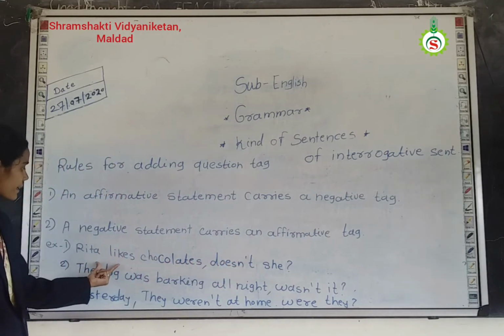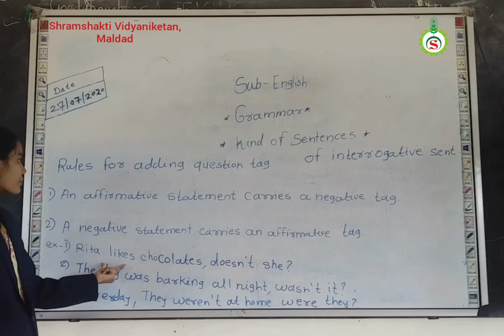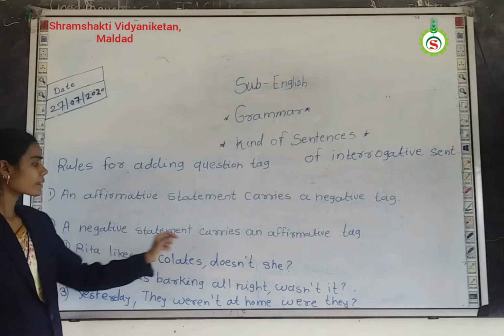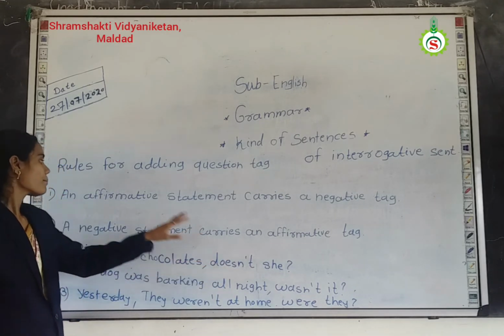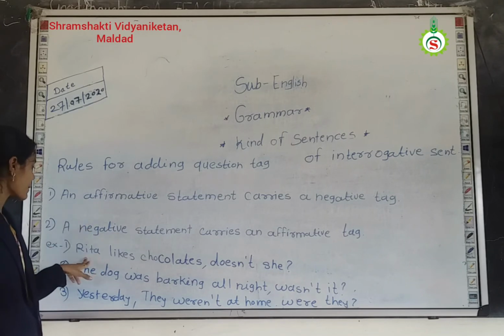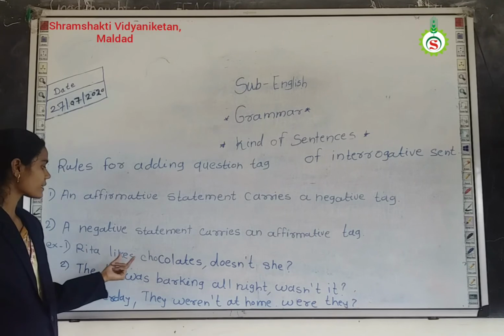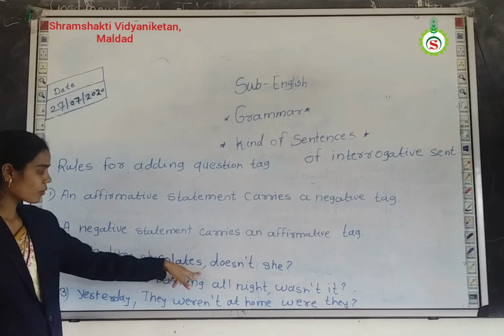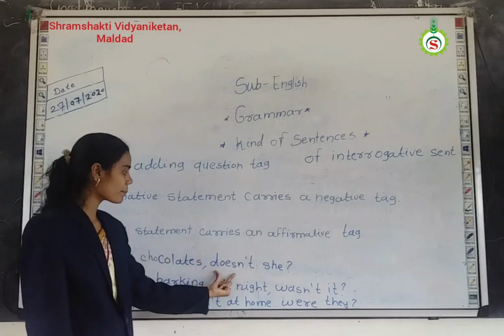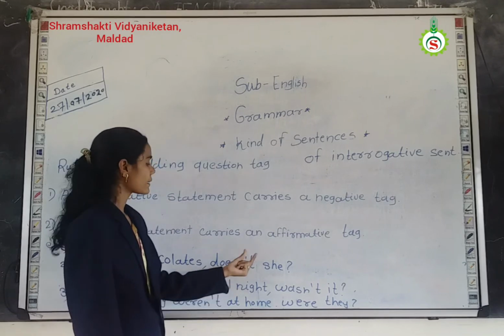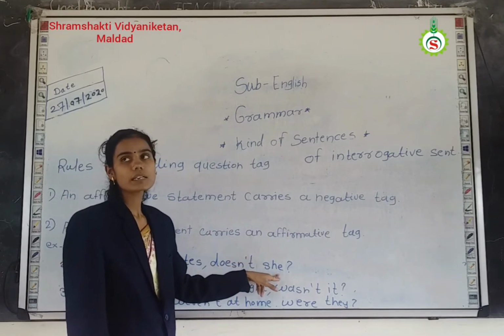This statement is affirmative, means positive, but the tag is negative, so the first rule applies to this sentence. Rita likes chocolate, followed by a comma, and then we use the helping word doesn't, and then the pronoun she.